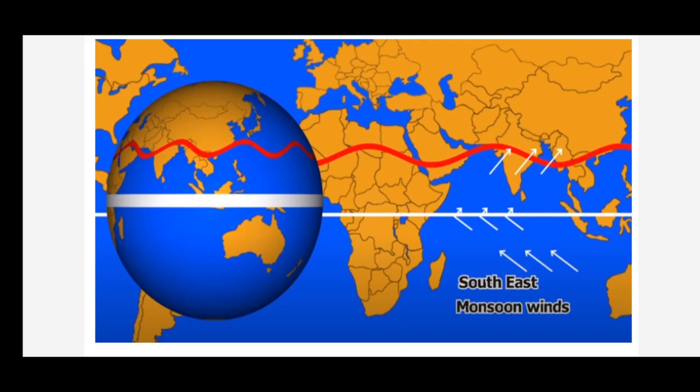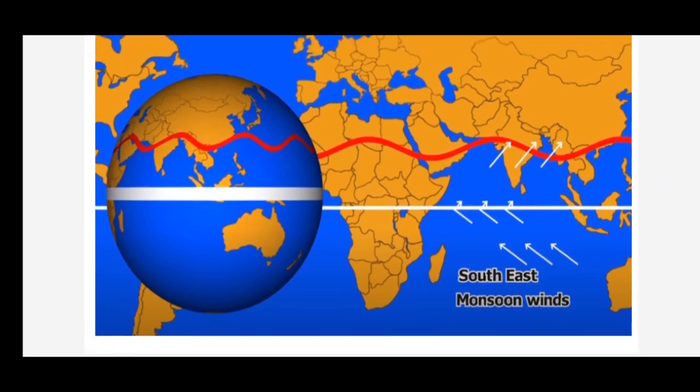The southwest winds, it means southwest monsoons, which blow over India, originate from the southern hemisphere. I told you, it is winter over there and we have summer here. That's why they originate from the southern hemisphere. In the southern hemisphere, these winds blow as southeast monsoons. When they come to the north, they are called what? Southwest monsoons. Okay.